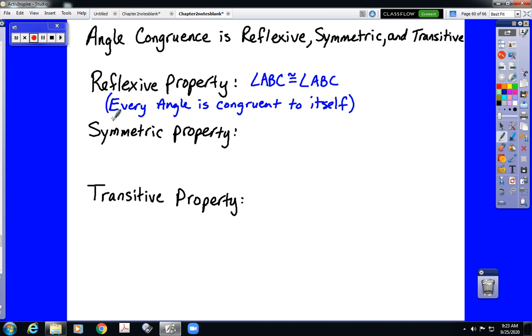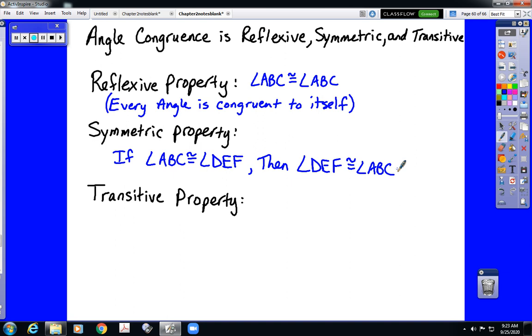The symmetric property says that if angle ABC is congruent to a second angle, call it DEF, then we are allowed to switch the left and the right sides and state that angle DEF is also congruent to angle ABC. So the symmetric property is saying that we are allowed to reverse a congruent statement. The left and the right sides are interchangeable.